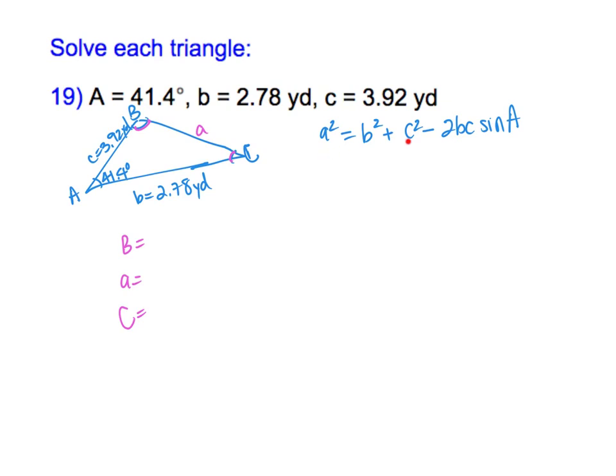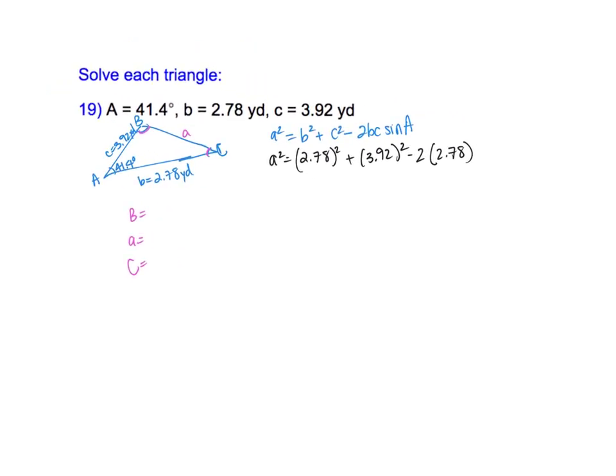So in this case, I'm going to plug in what I know. I don't know what a is, but I know what b is and c, and I can plug in the rest from here. So just using this formula, you have b squared, which is 2.78 yards, c here is 3.92 yards squared, and then minus 2 times b, which is 2.78, and then multiply that by the other variable, which is 3.92.